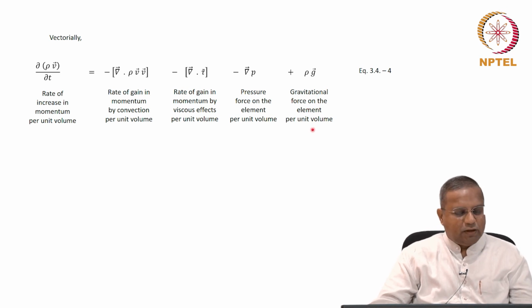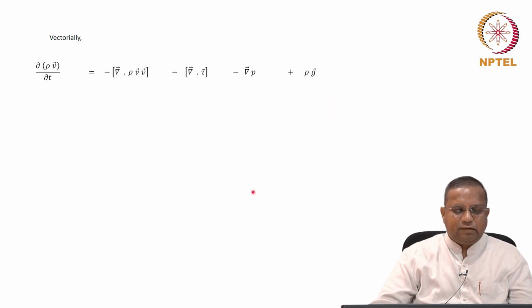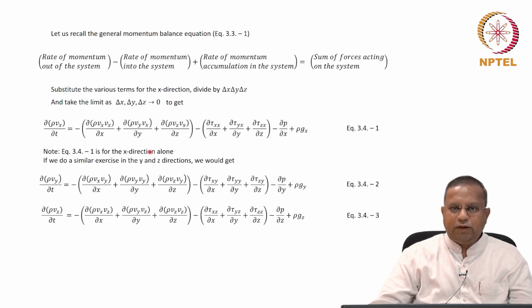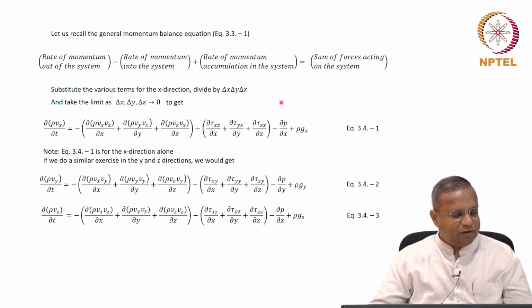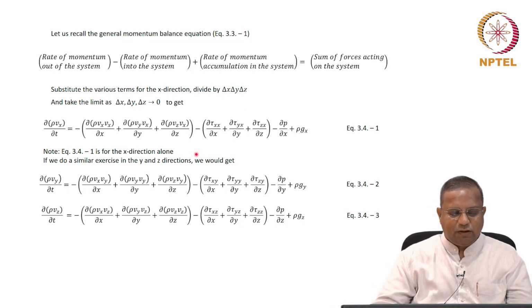This is a short form, a vectorial way of representing these equations, which we are more familiar with in terms of the components in various directions. This entire set is compactly written in that one equation that we saw just before.